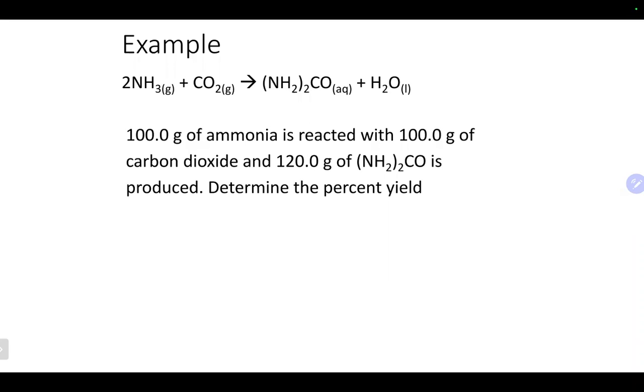Again, use the same molar masses as the last example, and it's the exact same equation. So it was like 17.03 for NH3, 44.01 for CO2, and 60-ish for our last one.